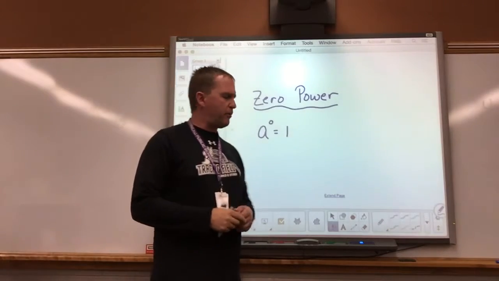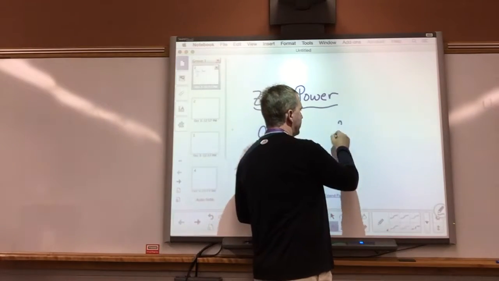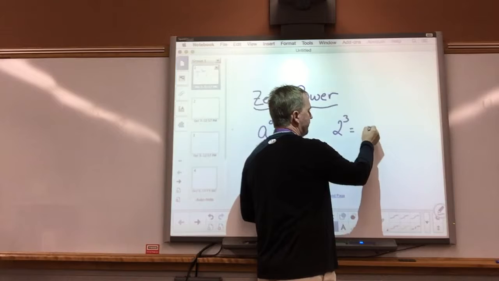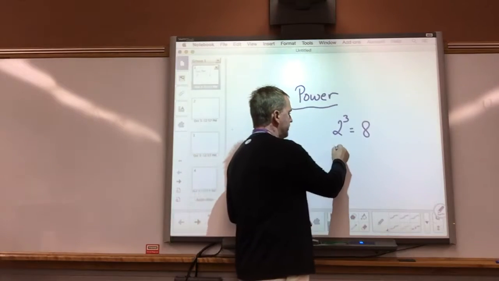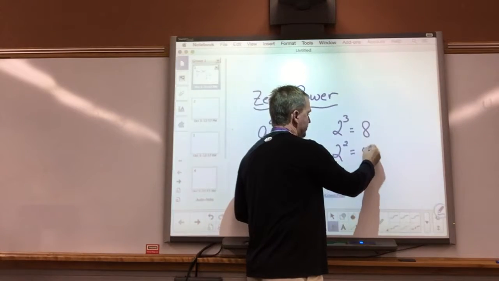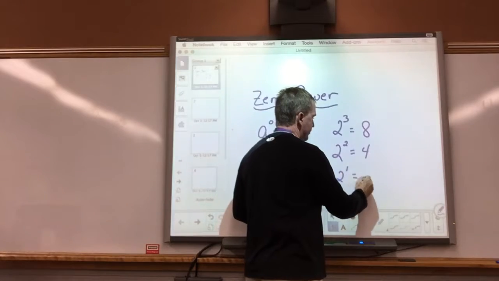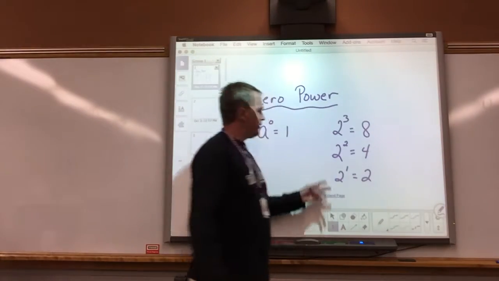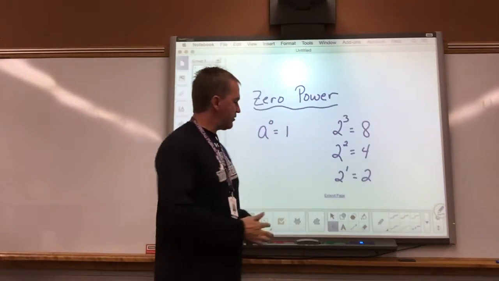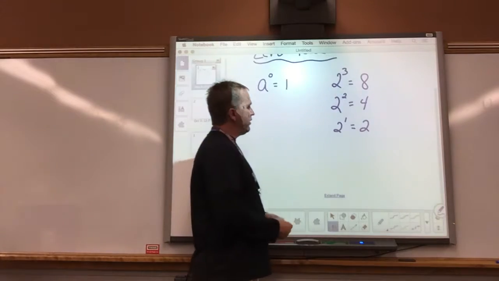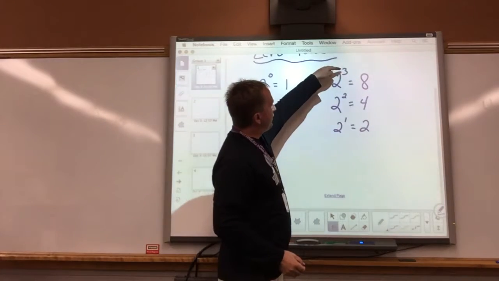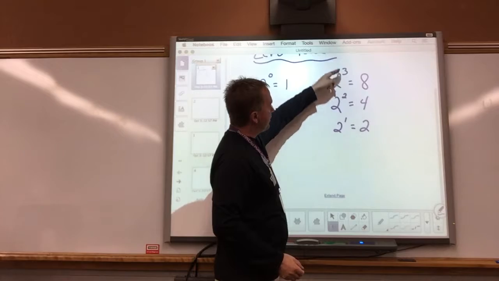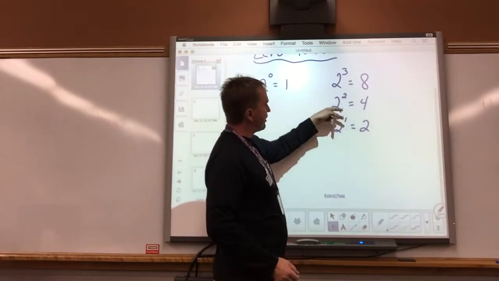I was looking at a pattern one time, and I had something like 2 to the third, which turns out to be 8, 2 to the second, which is 4, and 2 to the first, which is 2, just the powers of 2. I noticed that the powers are going from 3 to 2 to 1, obviously decreasing as we go.